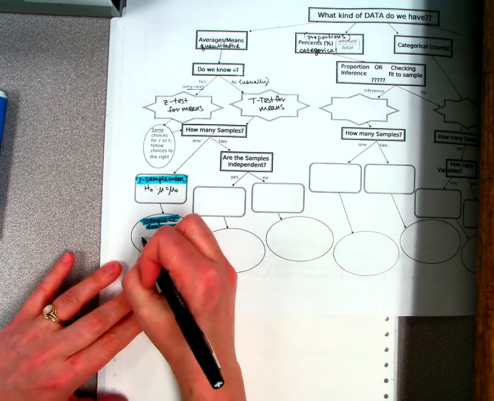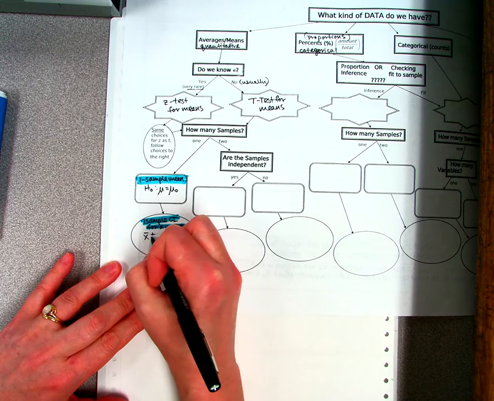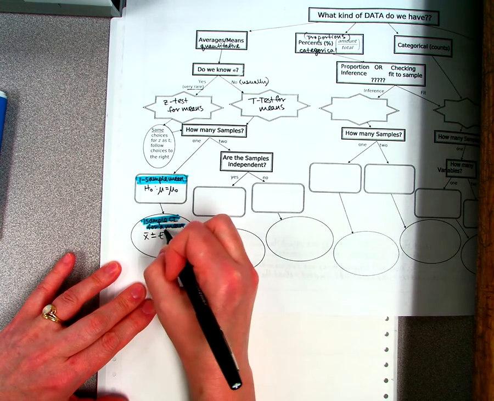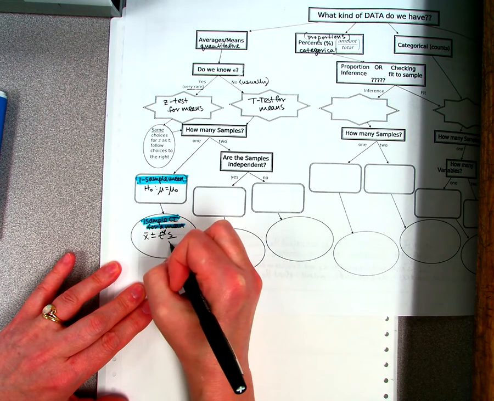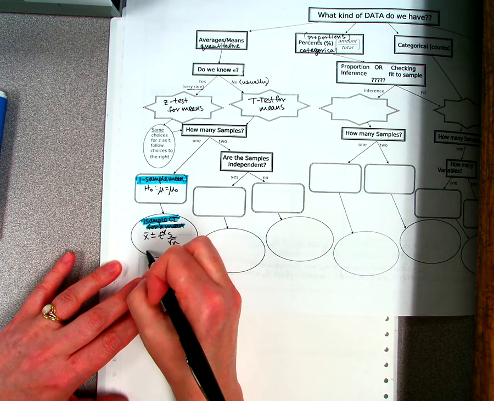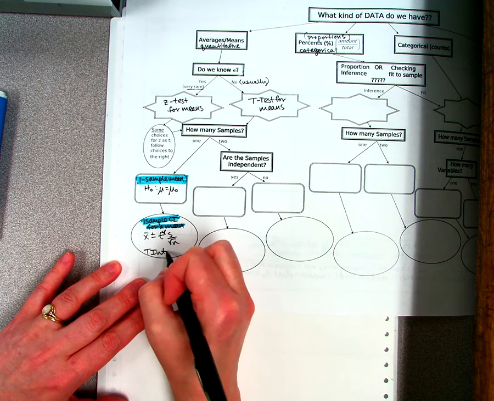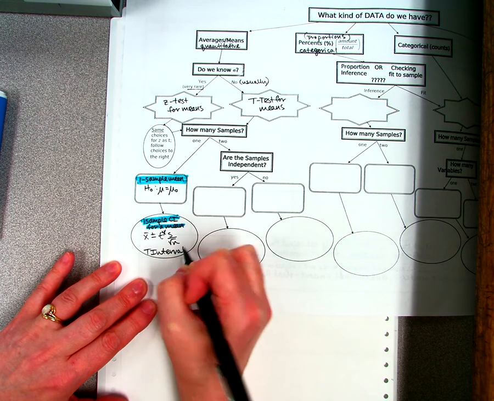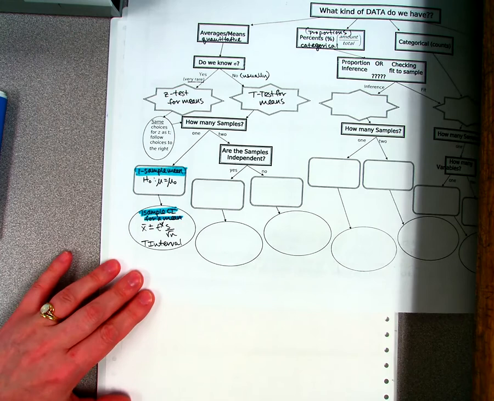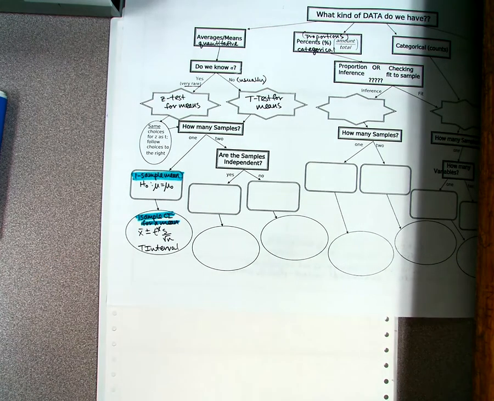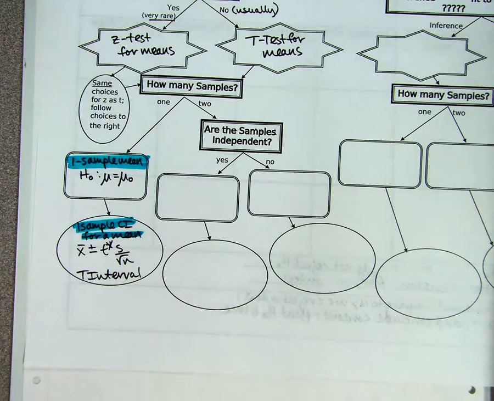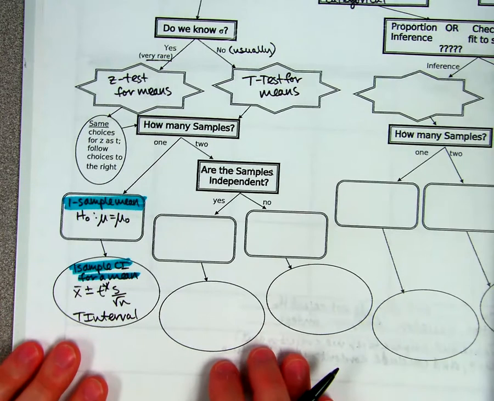So here's the space I made for it. It is x bar plus or minus t star s over square root of n, and on the calculator it's called a t interval. So if you found yourself in that situation and you needed to do a confidence interval, there's the formula. I just realized I zoomed way out to show you the big picture, and maybe I should zoom back in. There you go.